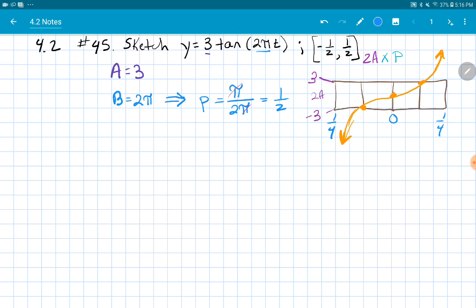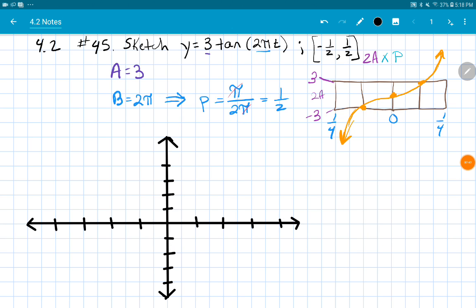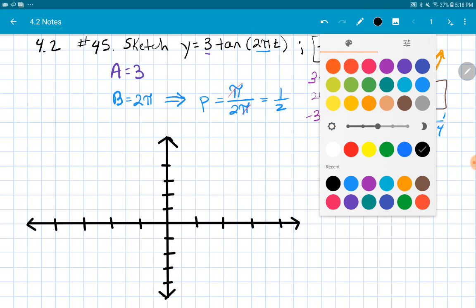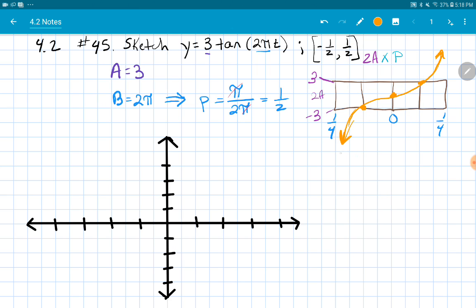It looks like I'm ready to actually put on the plot now. I got my idea of what it's going to look like from my reference rectangle here. So let's go ahead and make that grid. According to this reference rectangle that we made, the asymptotes, let's do them in orange. The asymptotes are going to be at -1/4 and 1/4.